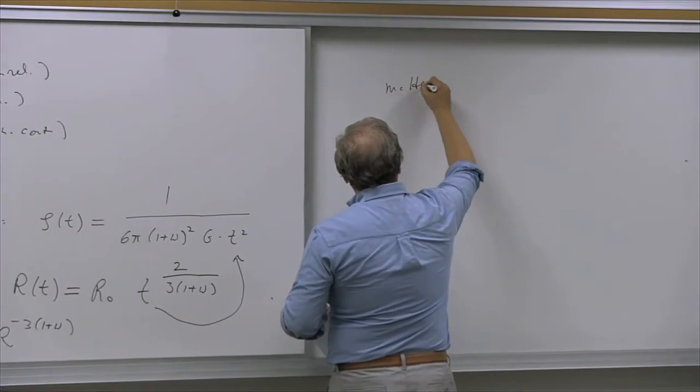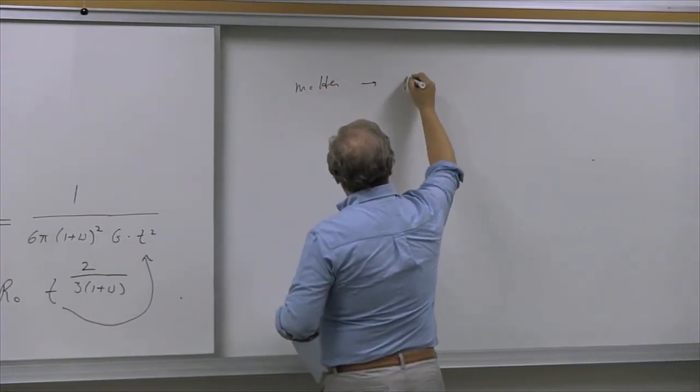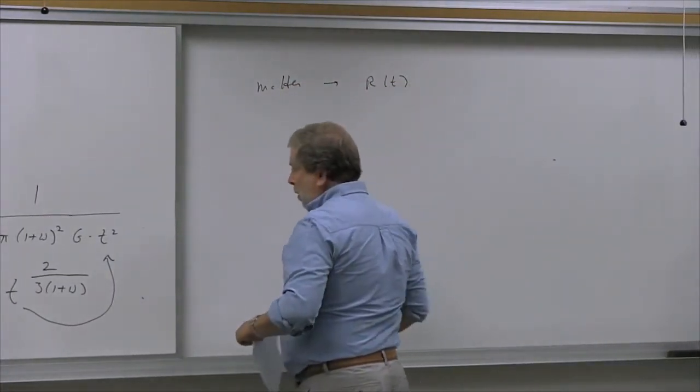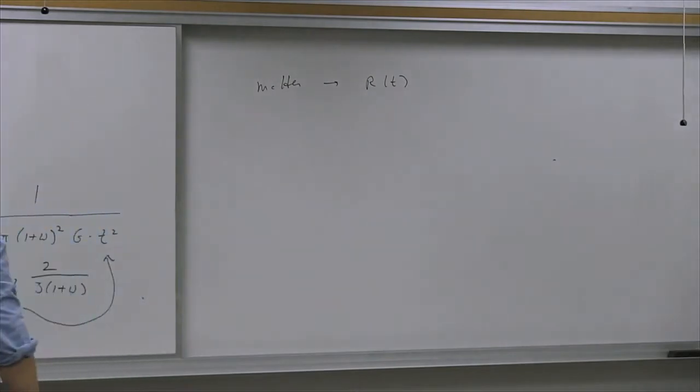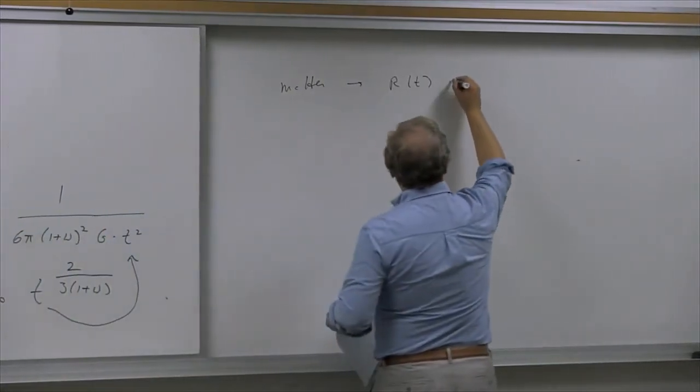Right? So we can make a little plot. For matter, R of T goes like T to the 2/3.